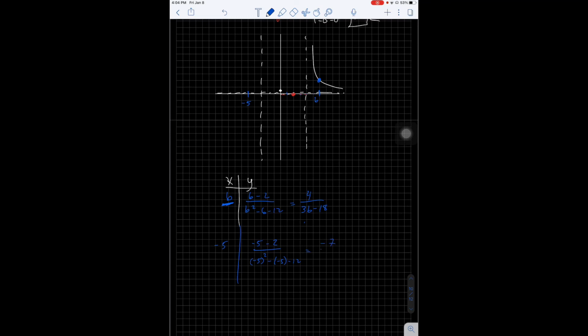And that's going to be -7 over 25 plus 5 minus 12. This is definitely a positive number, and this is a negative number, so this is going to be a negative value. Okay, again, I don't care if you calculate the number exactly right. All I care about is your swoosh in the right section. Okay, I'll do that in white to keep our graph in the same color.